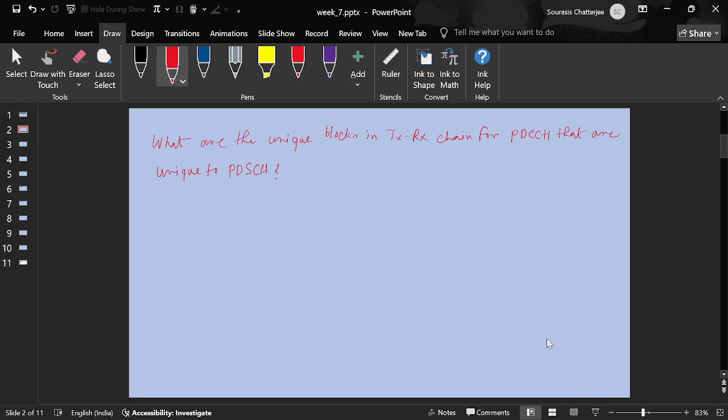So that will be that type. Okay, so basically the search space information would be there, right? Where to look for. Okay, fine.